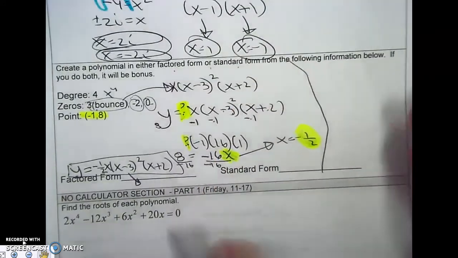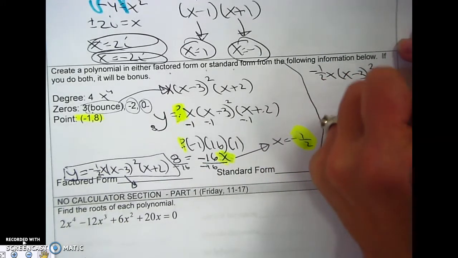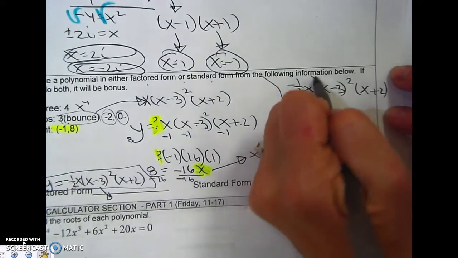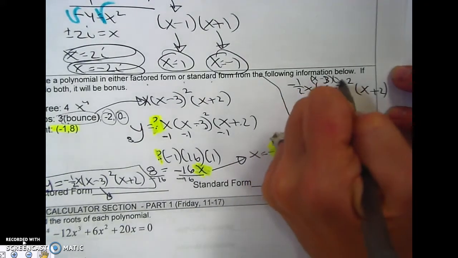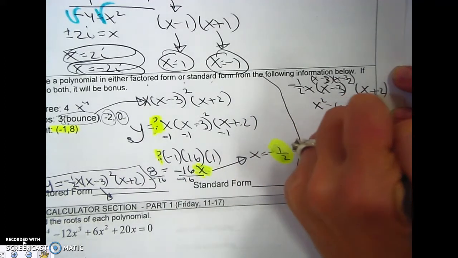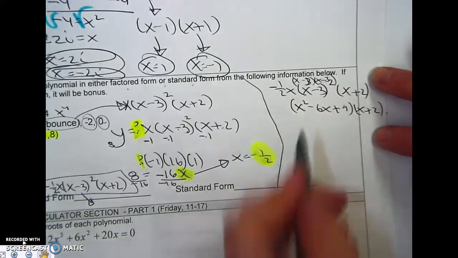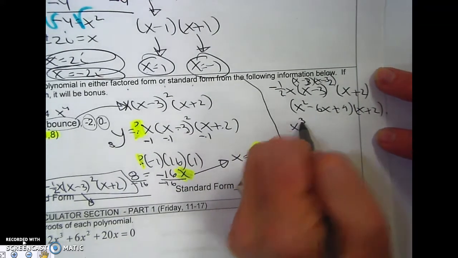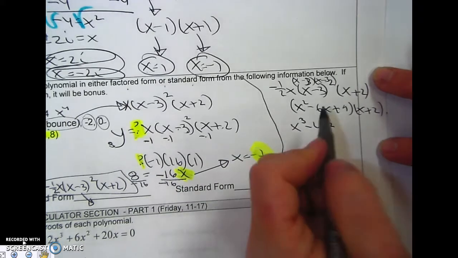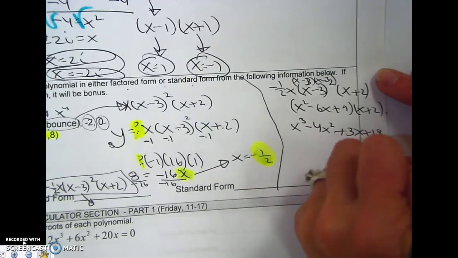Standard form, what I would do is I would do a whole lot of boxes. I would only do this if I had time, by the way. So x minus 3 squared means x minus 3 times x minus 3, which is x squared minus 6x plus 9. Then multiply that by x plus 2. When you do the 2 by 3, you end up getting x cubed minus 4x squared minus 9, plus 3x plus 18.